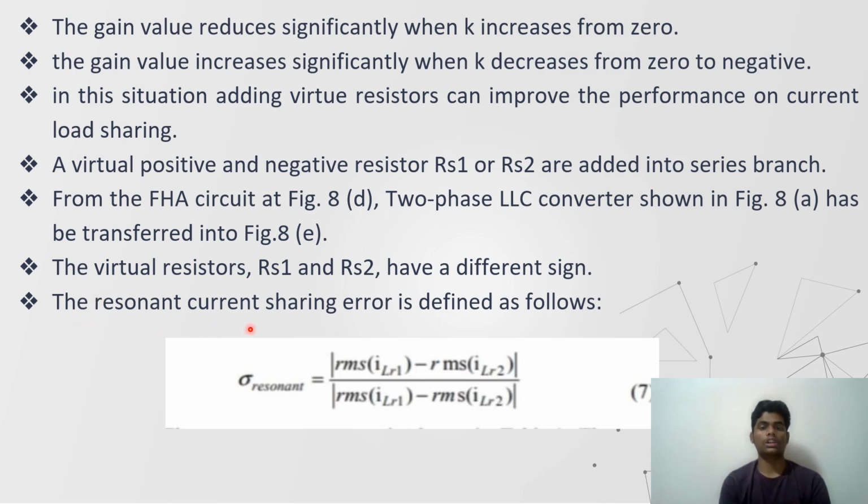The resonant current sharing error is defined as follows. Resonant error is equal to RMS ILR1 minus RMS ILR2 divided by the modulus of RMS ILR1 minus RMS ILR2.